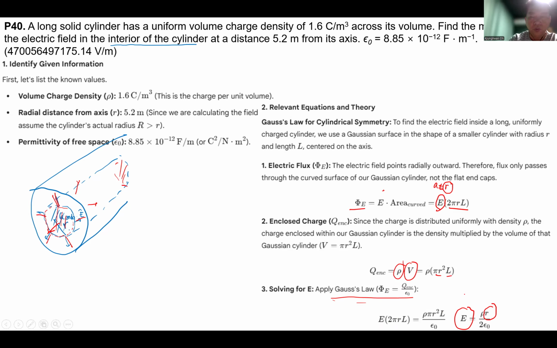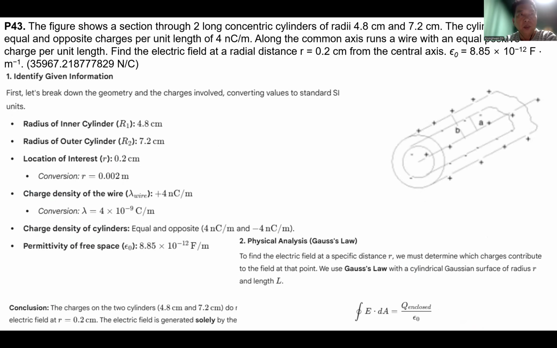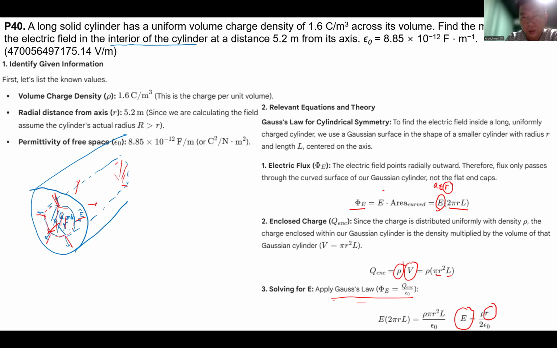Okay, so you will get a similar result for the uniformly charged sphere and the uniformly charged cylinder. So you find out that the electric field inside is proportional to the radial position r. Okay, and now problem 43. So here is a little bit more complicated case.